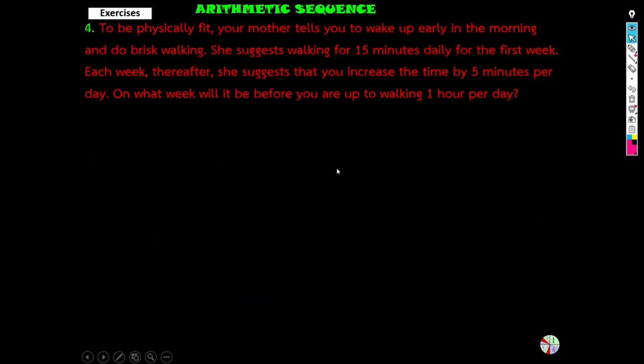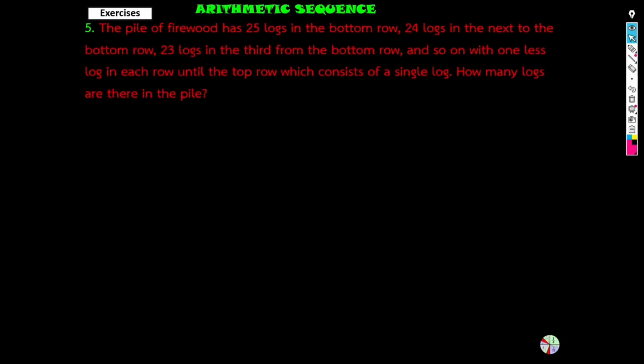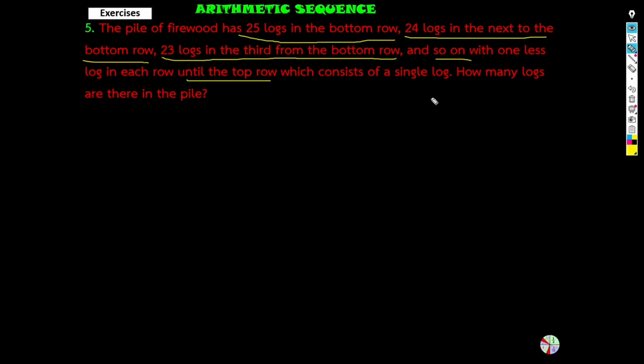Number 5. The pile of firewood has 25 logs in the bottom row, 24 logs in the next to the bottom row, 23 logs in the third from the bottom row, and so on, with one less log in each row until the top row, which consists of a single log. How many logs are there in the pile?